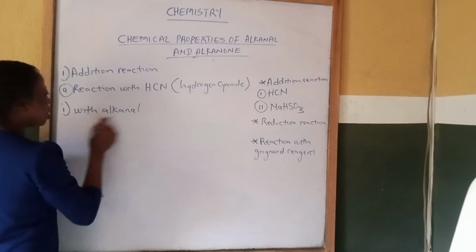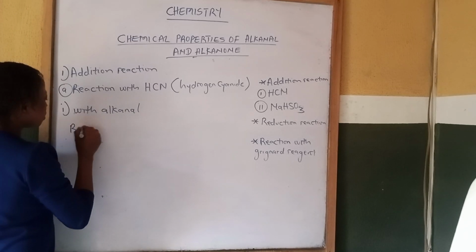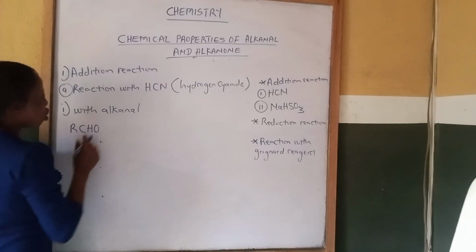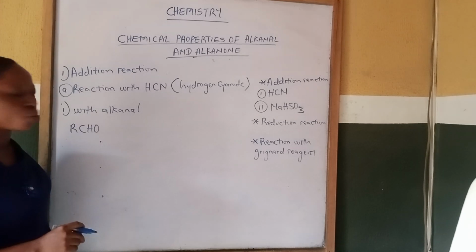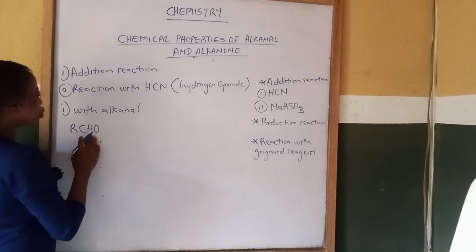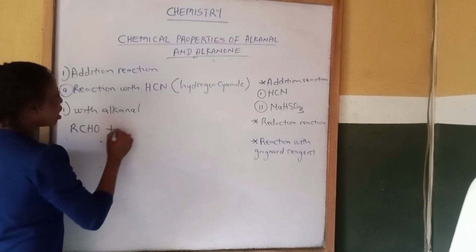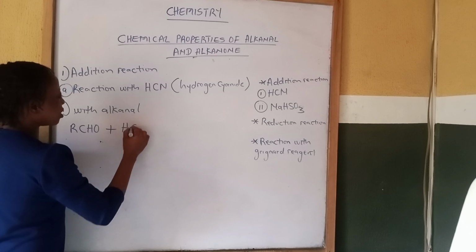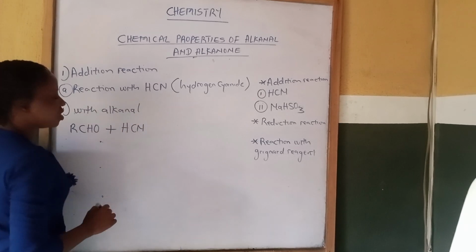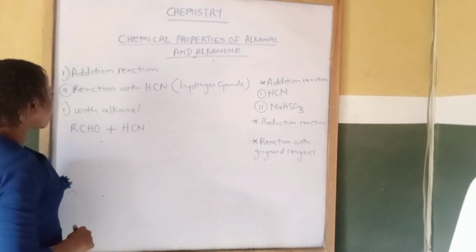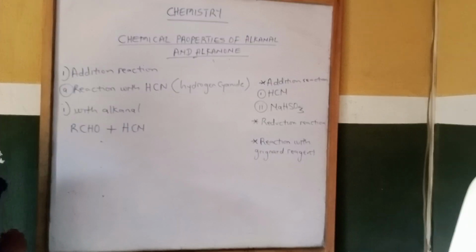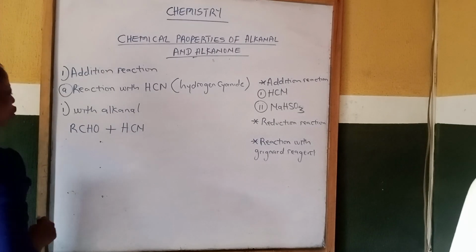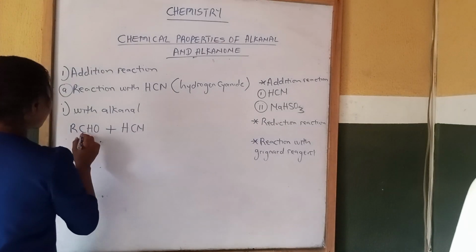The alkanal is RCHO, reacting with hydrogen cyanide. So what will be our product? Alkanal reacting with hydrogen cyanide. So the first stage, let's use structure.